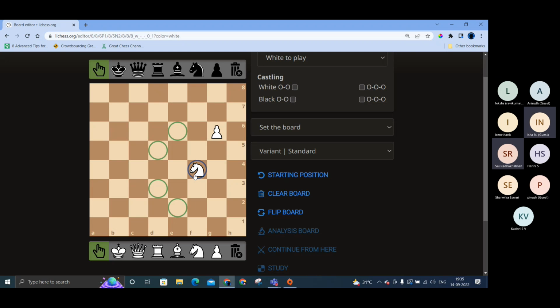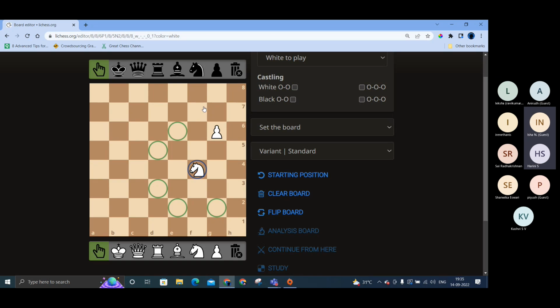Sai. G2. G2, okay, ma'am. G2. Then how did he reach G2? 2 steps downward, take a turn, and then you get G2.